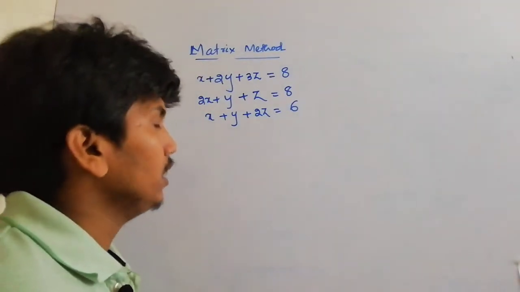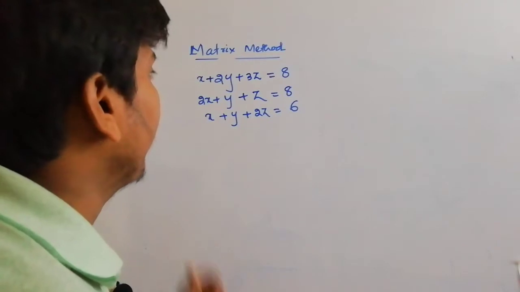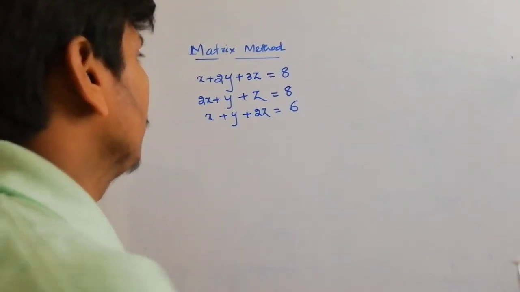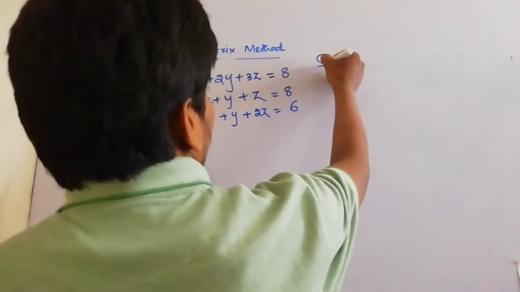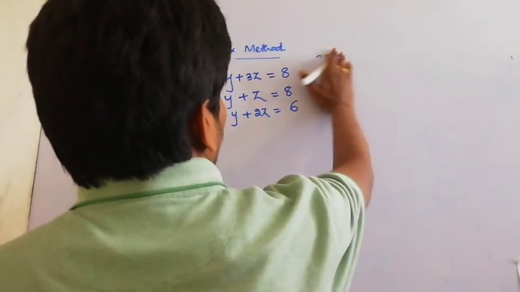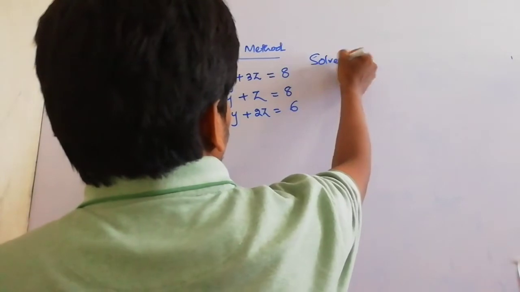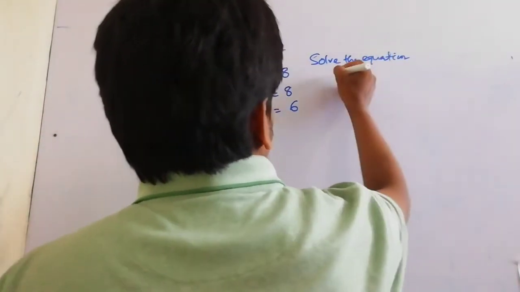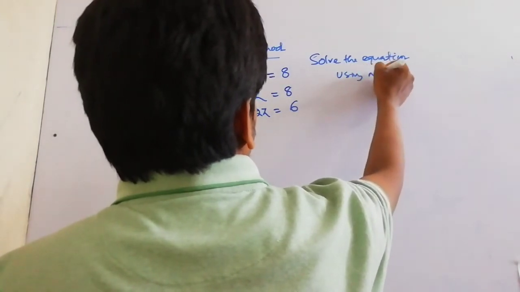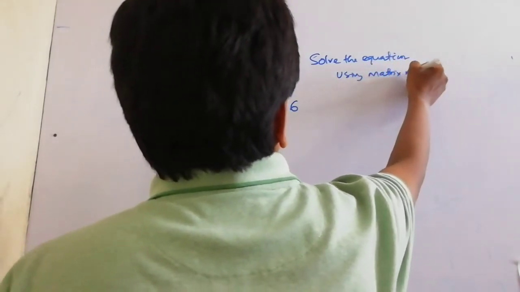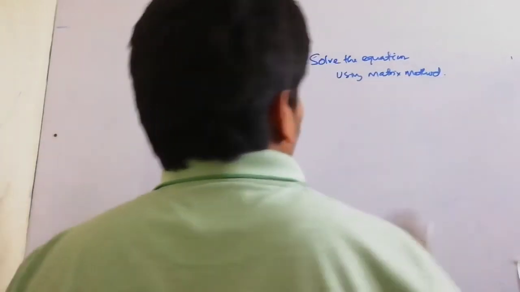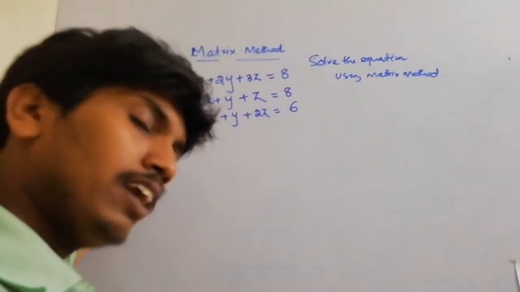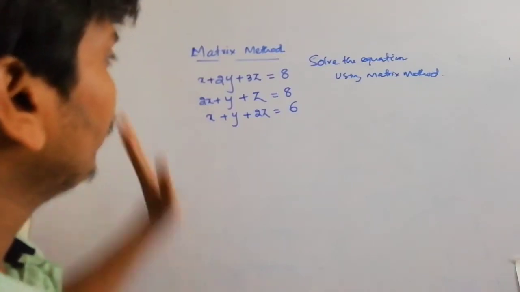In the question paper, it is asked to find the value of x, y and z, or solve the equation using the matrix method. It is always asked in the board exam. This is very important from the board examination point of view.